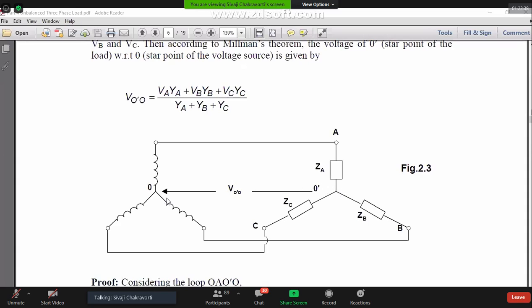But if it is a star connected load, and if it is such an unbalanced thing, this neutral shift, if I can measure, will without any doubt tell me whether it is a balanced or an unbalanced system. Therefore, this neutral shift is one of the most important parameters for our power system.